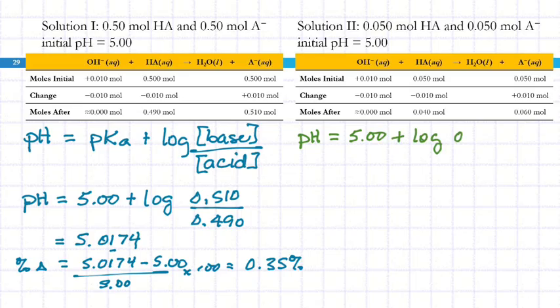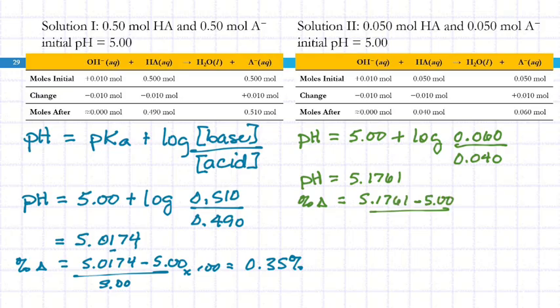And now the base is 0.060 moles in 1 liter, so that's 0.060 molar, and the acid is 0.040. New pH 5.1761. Percent change. 3.5%.